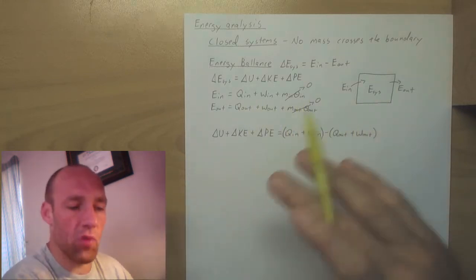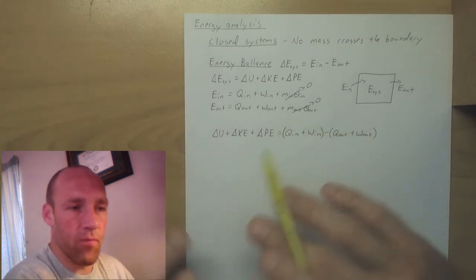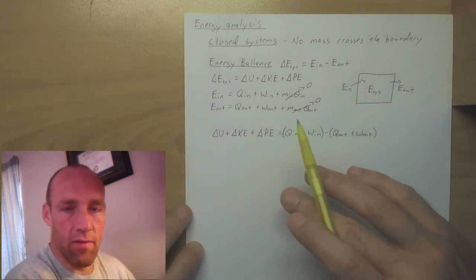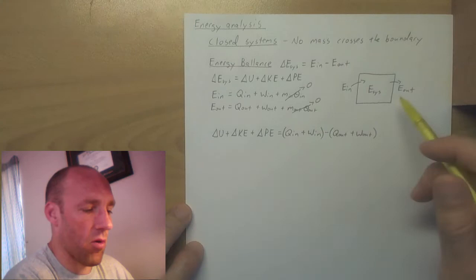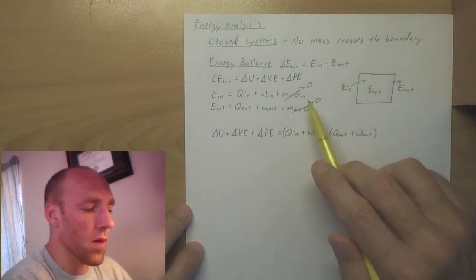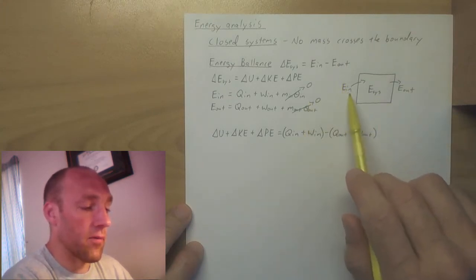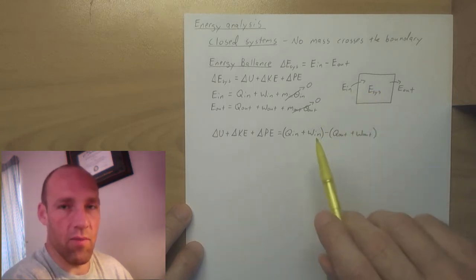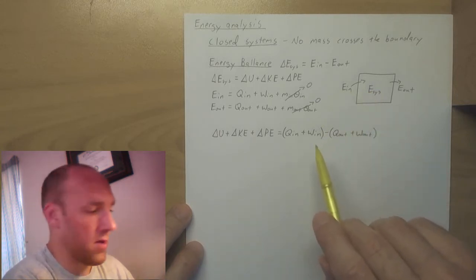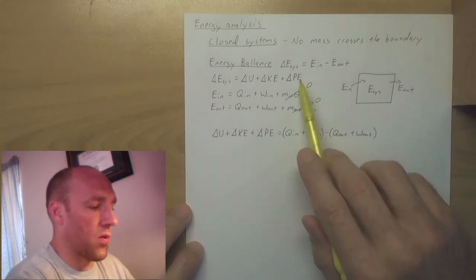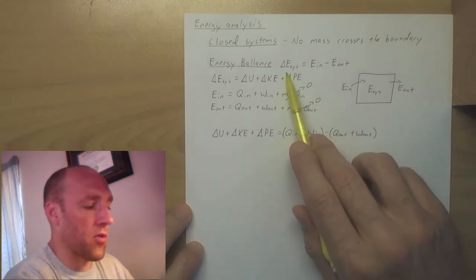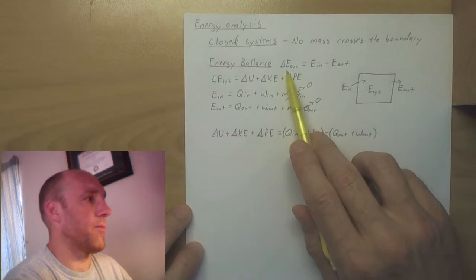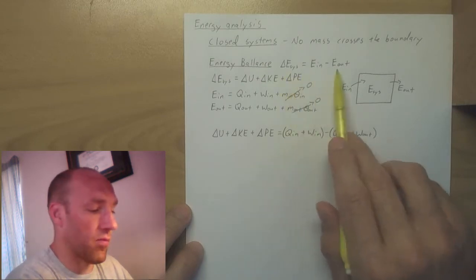Because you can have boundary work, right? You can shrink and expand the boundary, or you could have some other work input. But bottom line is that the mass that you start with is going to be the same as the mass that you end with. All right, and if you remember, the general energy balance equation is simple.